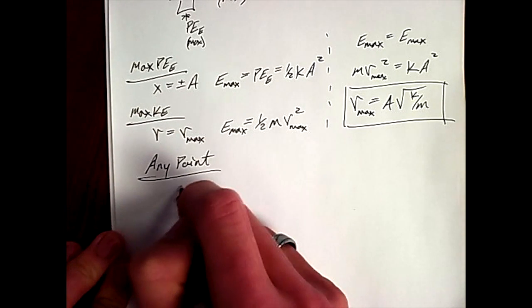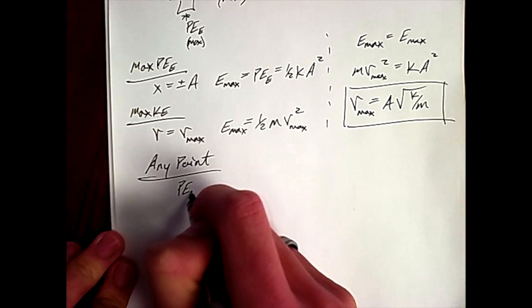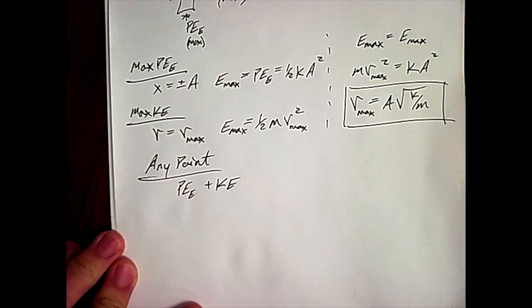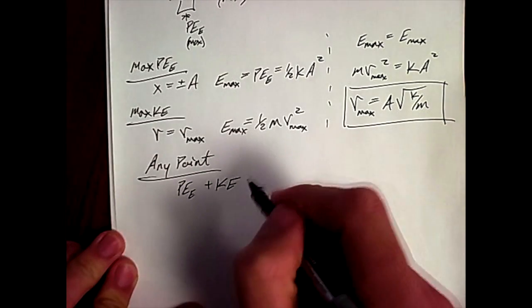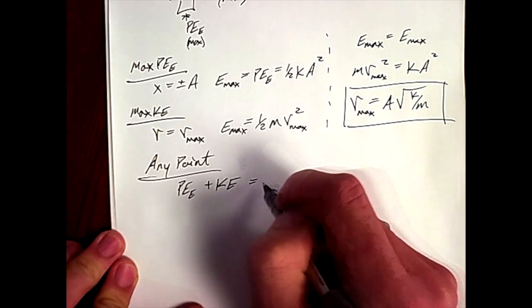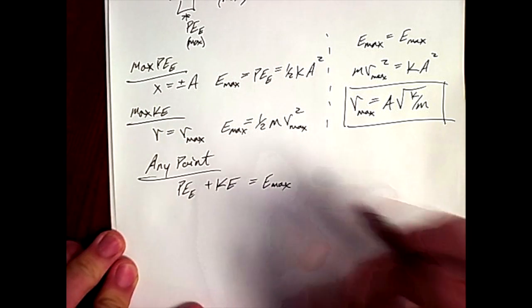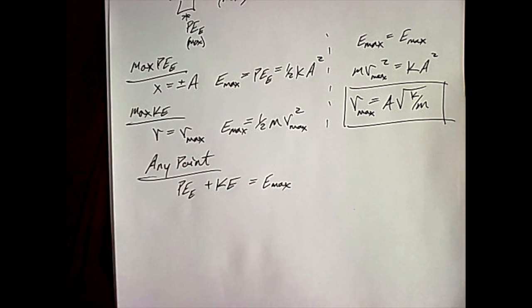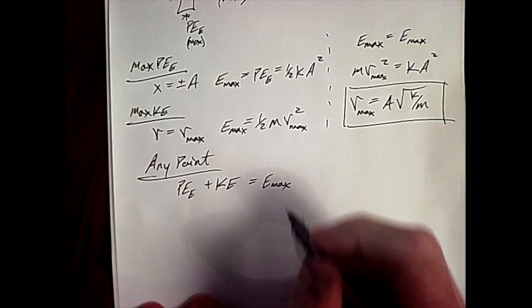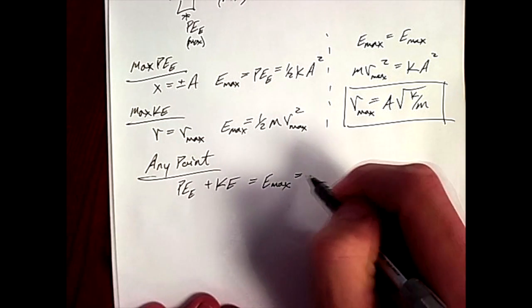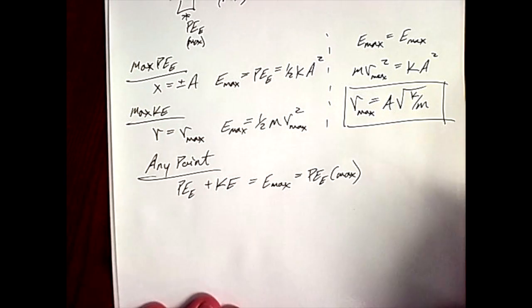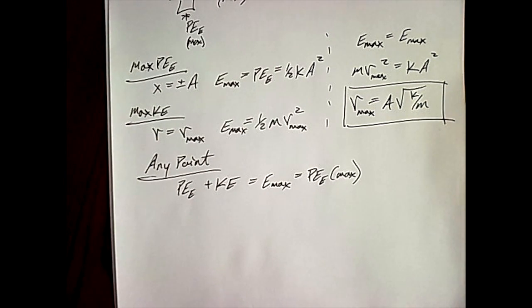So if I say potential energy, elastic plus kinetic energy at some random point that is not at the amplitude, this could be equal to the E max at either the equilibrium position or at either maximum displacement, positive A or negative A. In this particular case, we're going to set this equal to the potential energy and do some quick rearranging algebraically.